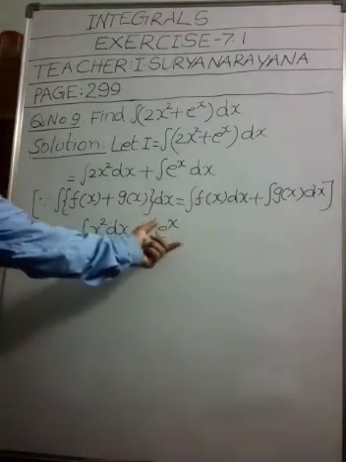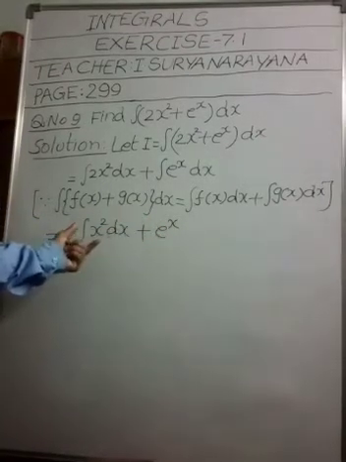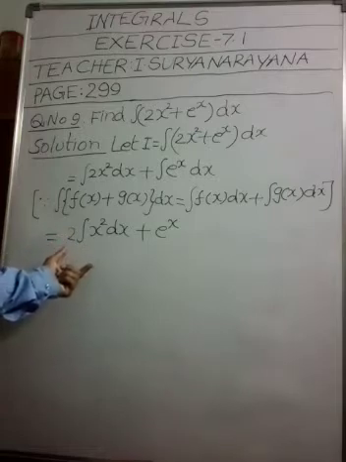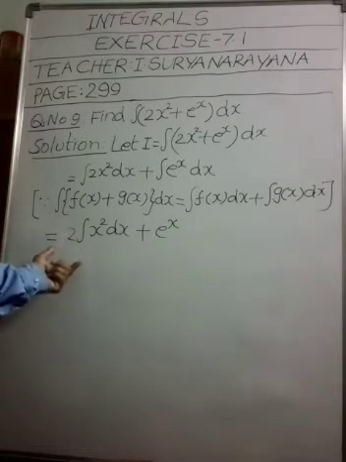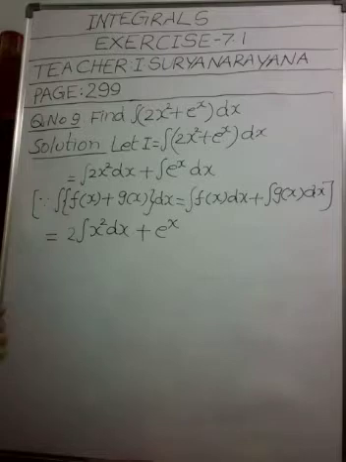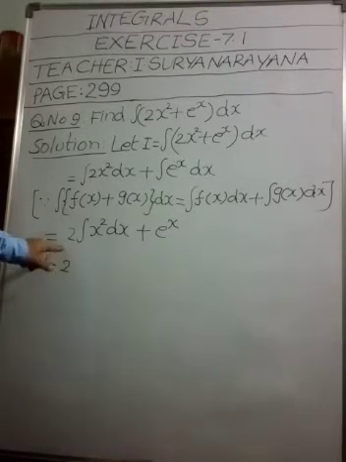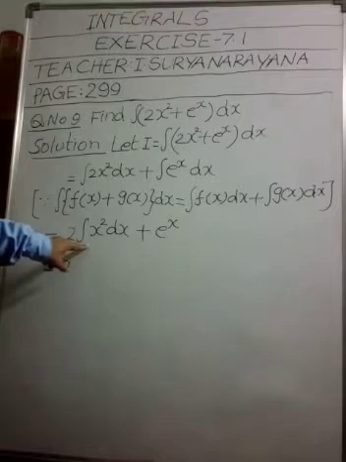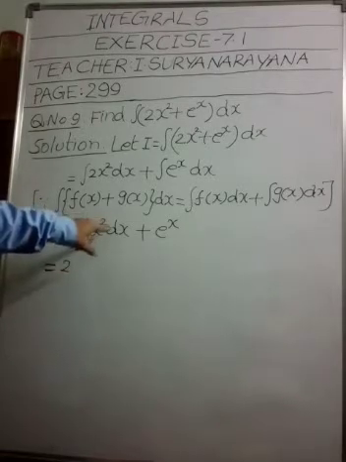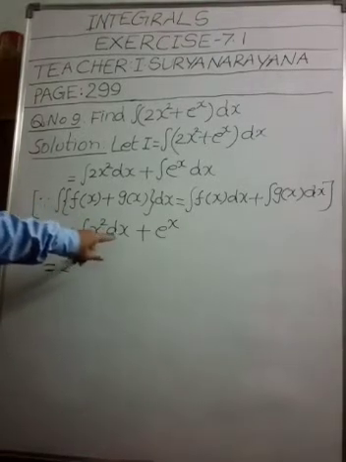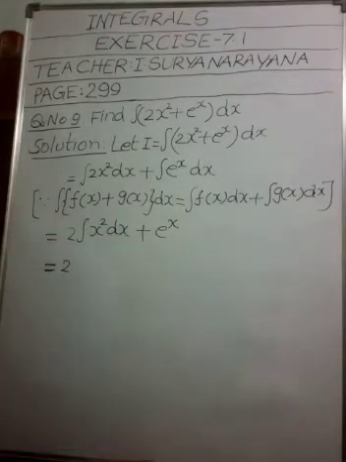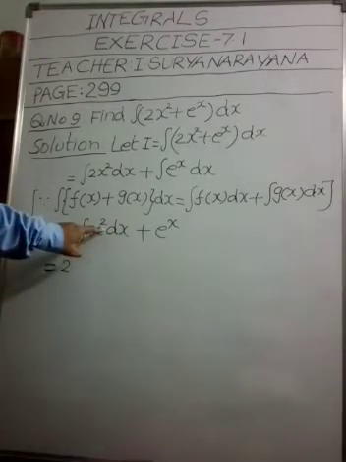Here we found the integral of the second term, but we have to find the integral of the first term. That part is left here. So let us find the integral of the first term. That is equal to 2 into, if you observe, it is in the form of integral x power n. Yes, we have to use that formula, integral x power n formula, where n is equal to 2.